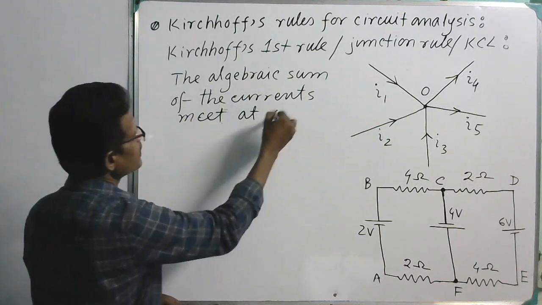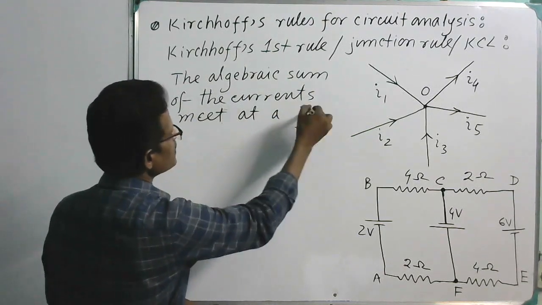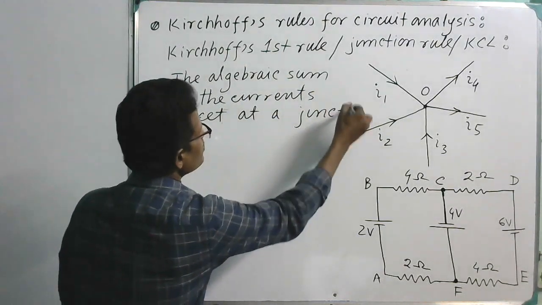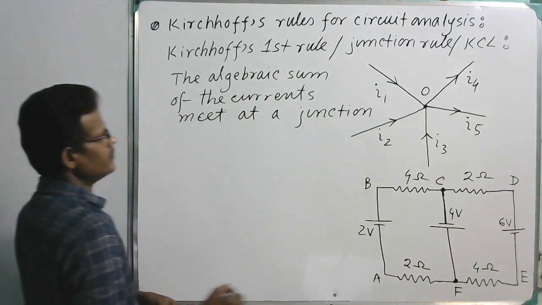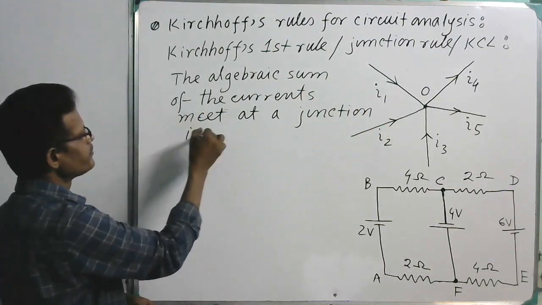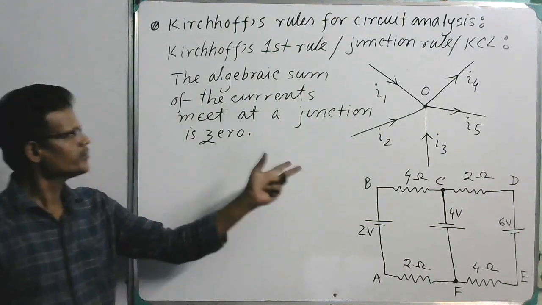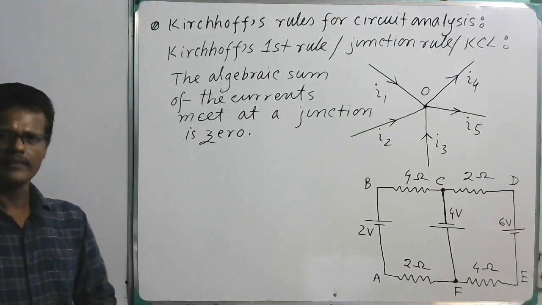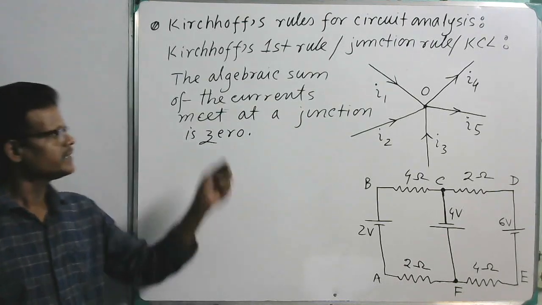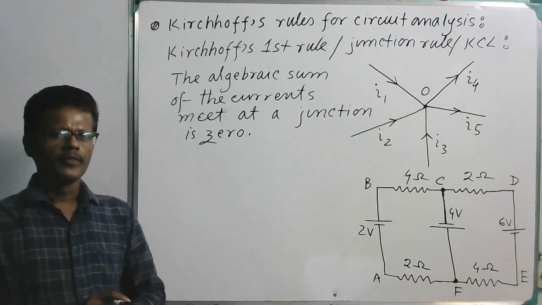So the algebraic sum of the currents meeting at a junction is 0. The algebraic sum of the currents meeting at a junction of an electric circuit is 0.